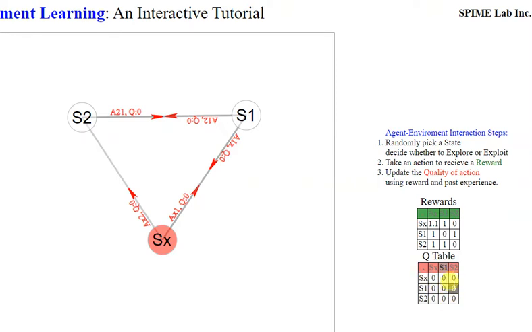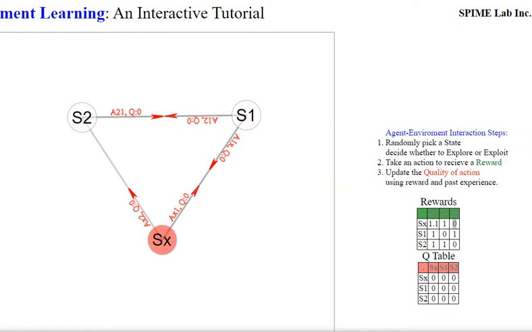For example, the quality of action A21 shown in the graph as label of directed edge between these two states. Please note that the graph shows quality of only actions with rewards. For example, the Q value for action A2X is not present in the graph because A2X has 0 reward.